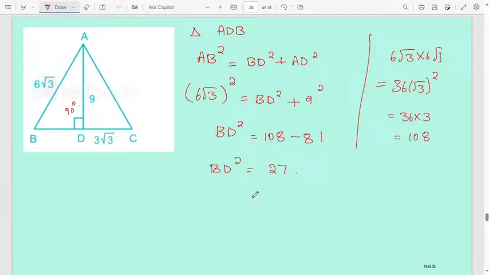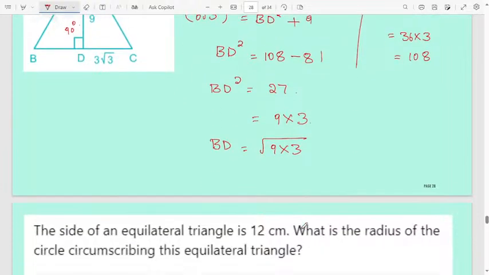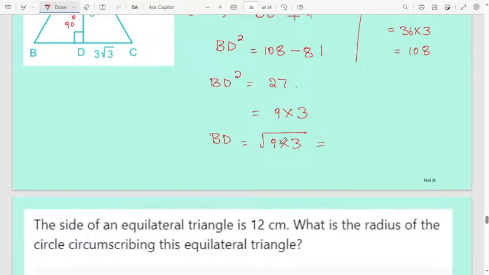Then 27 we can write as 9 threes are 27. Then BD will be the square root of it; take the 3 outside, square root of 3 root 3, it will be your BD value. BD value will be 3 root 3.